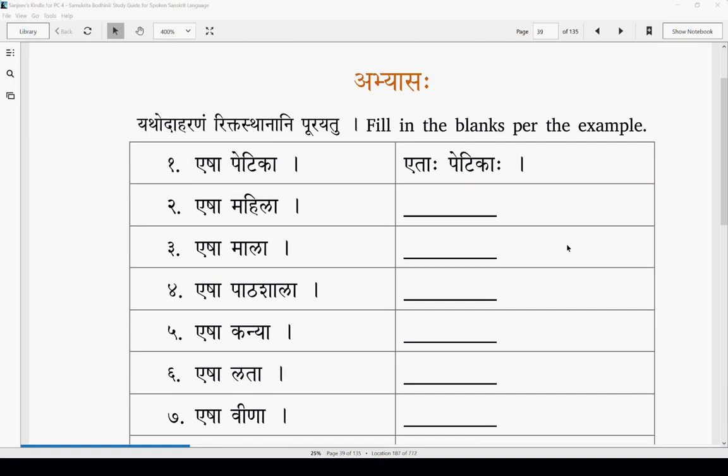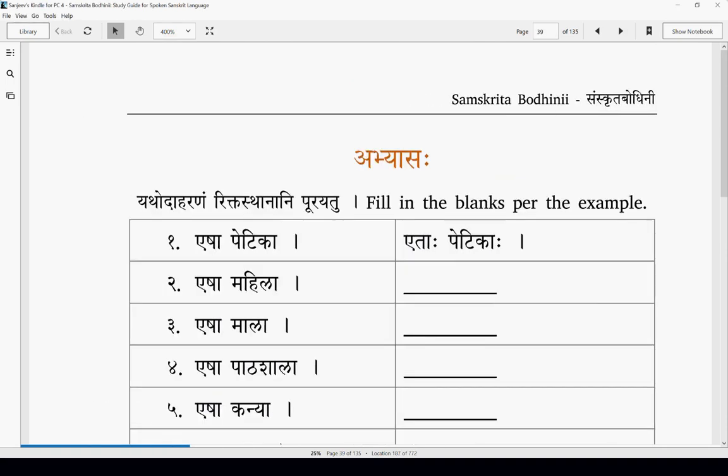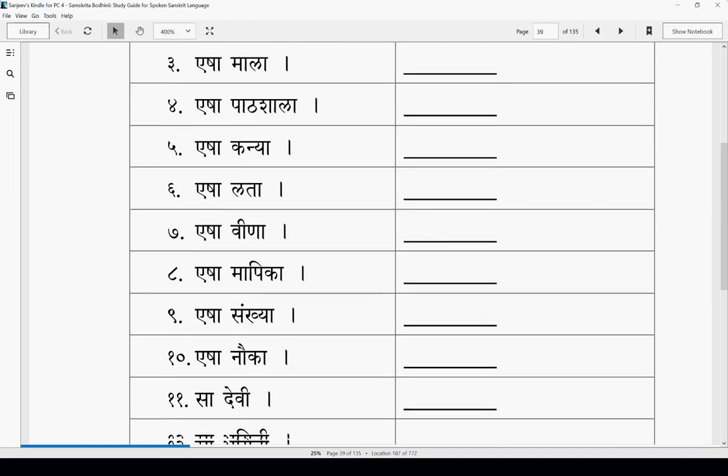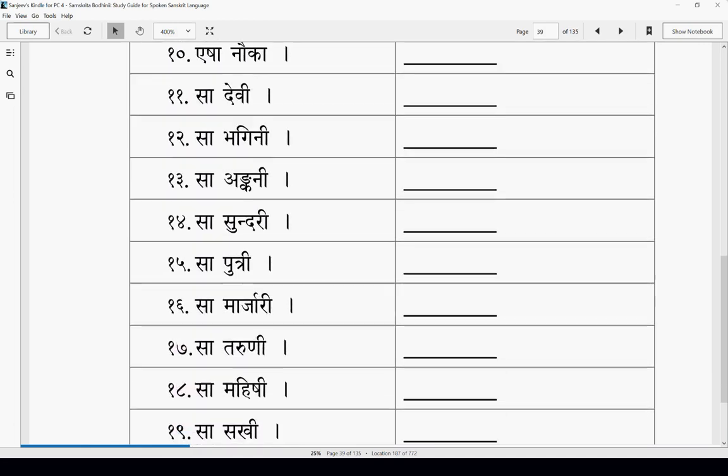Isha changes to Etaha. Oh, okay. Keep trying.